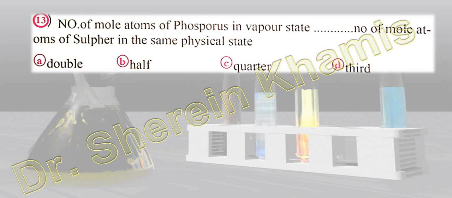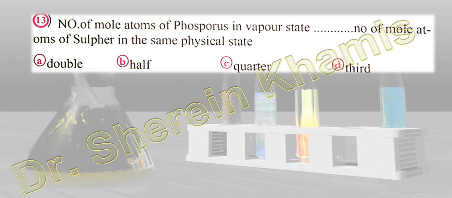So in the vapor state, 4 atoms collect together to form 1 mole. Sulfur is also solid, but if we get it in the vapor state, we can convert it to collect 8 atoms.